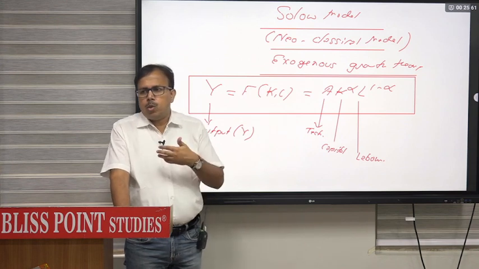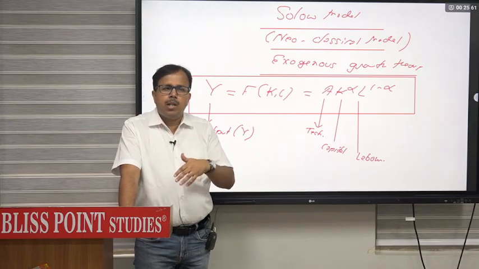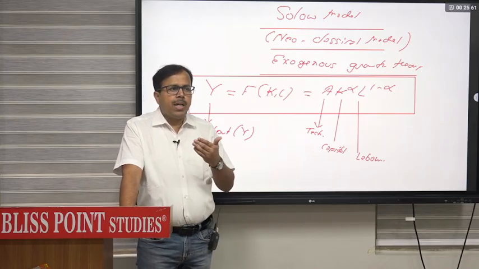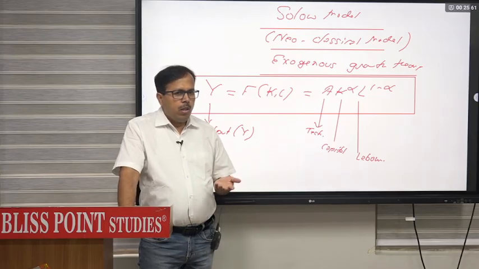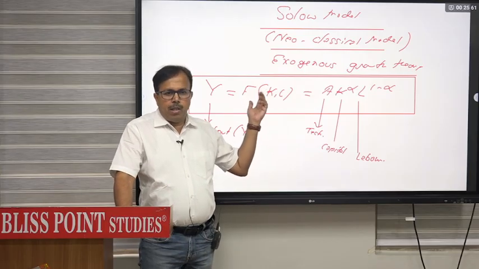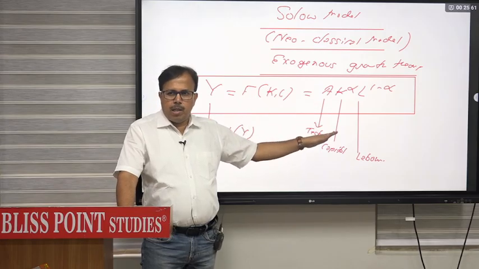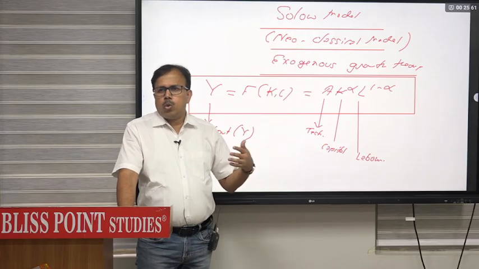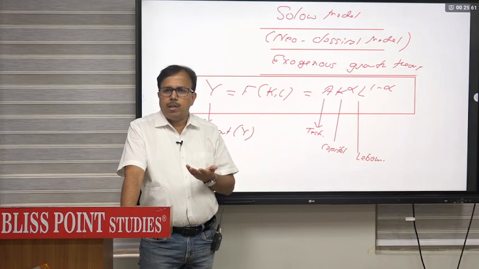We have to explain the growth of what? Growth of output. So first we must understand what determines the output. If you are able to explain what determines the output, then we can easily explain what determines the growth of that output. In this model, output is determined by technology, capital and labor. So growth of the output will be determined by growth of technology, growth of capital and growth of labor.